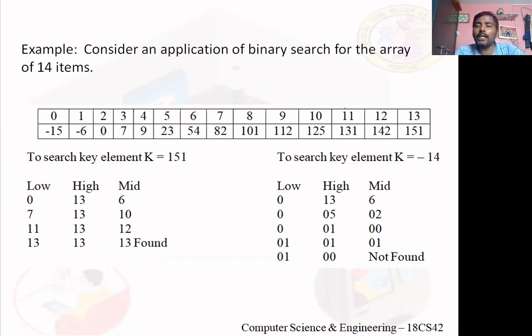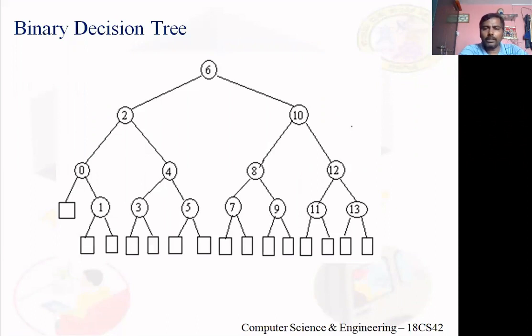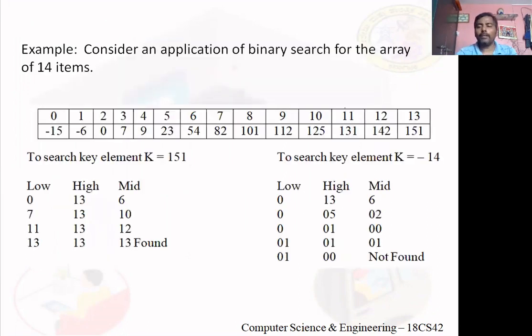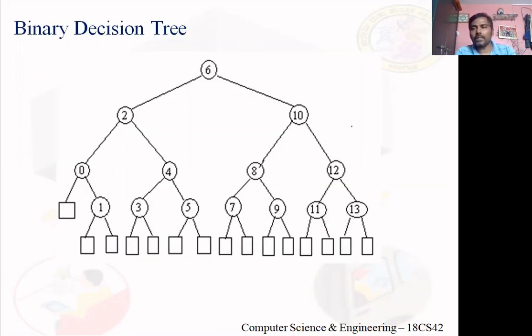Similarly, the last rectangular node represents all unsuccessful elements greater than the element at index 13, meaning greater than 151, so 152, 153, and so on. So totally 15 possibilities.